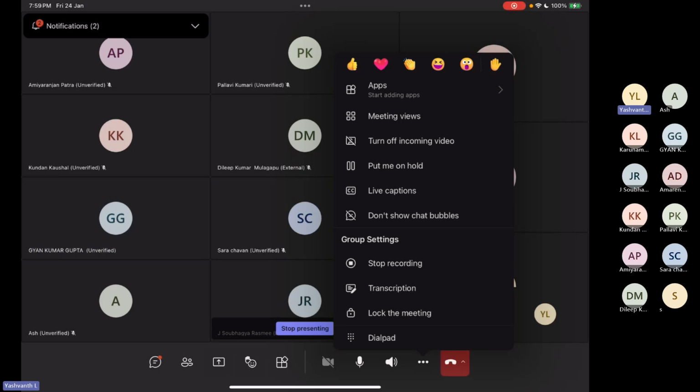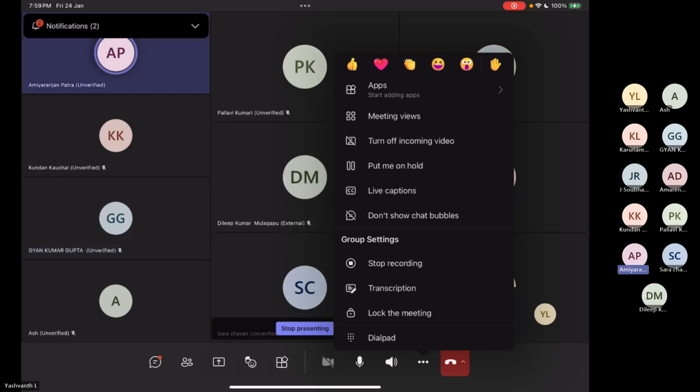I don't have access to any of your contacts because all of you have been added to the NPTEL course. So I don't have any permission to share directly with you. I only have the permission to share with NPTEL, and they will share it with you. Maybe it should happen within 1 day, not more than that. Okay, sir. It was the first live class, I think. Yes, today is the first live class. I think in a day you should be able to receive the link for all the notes.